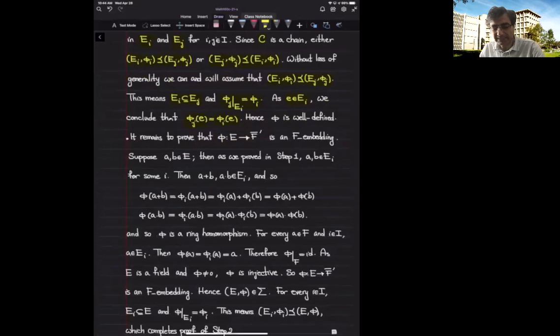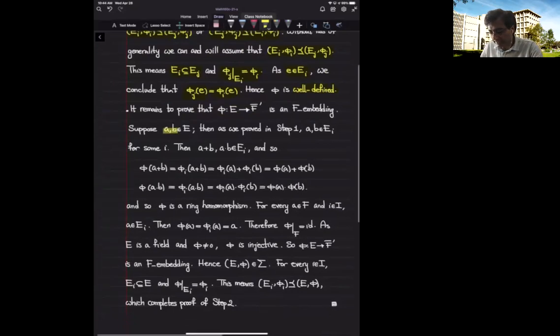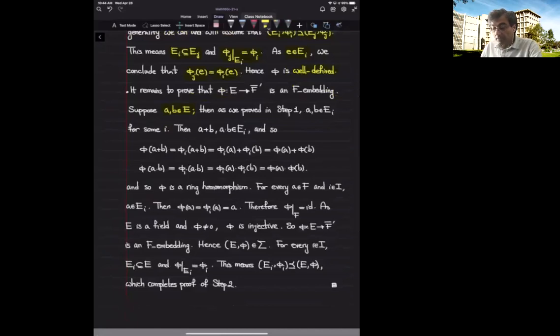Now let's see why it is an F-embedding. We showed that φ is well defined. Now I want to show that it's a ring homomorphism. So let's pick two elements inside E. We have already discussed that whenever I pick two elements inside E, then they are in the union, so each one should be in some E_i and E_j, but it's a chain.